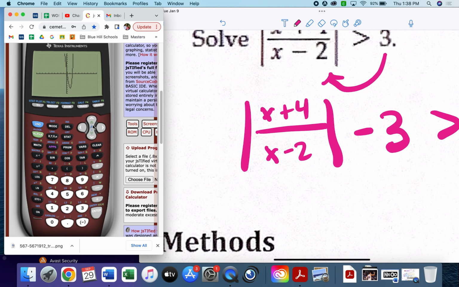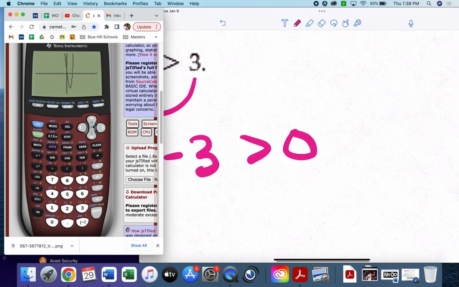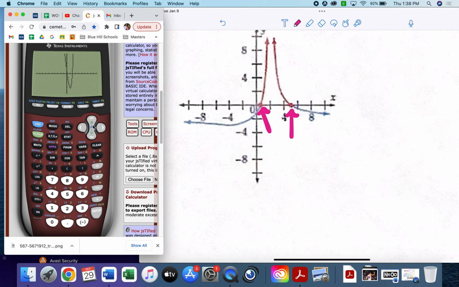Okay, window. Graph. Okay, the first one is at this left place.